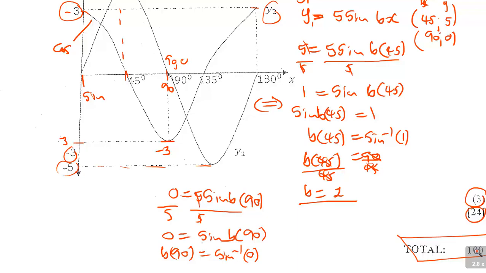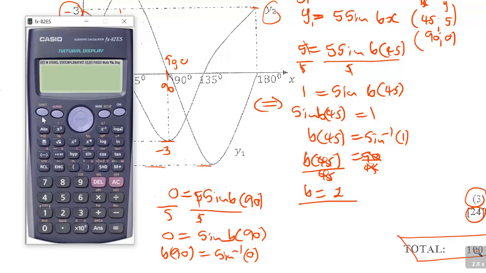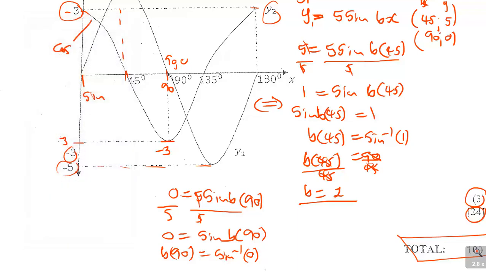If I use a calculator and say shift sine 0, this gives me 0. So I've got b90 is equal to 0. Now we are dividing by 90, we are dividing by 90. You will think that b is equal to 0, defeating everything.